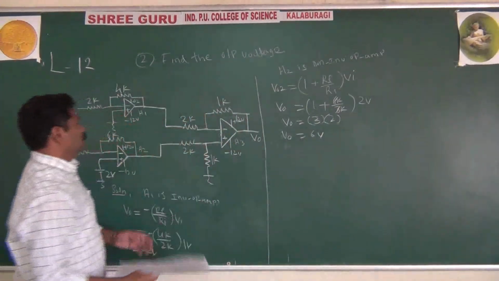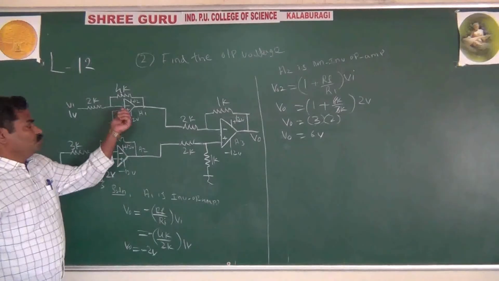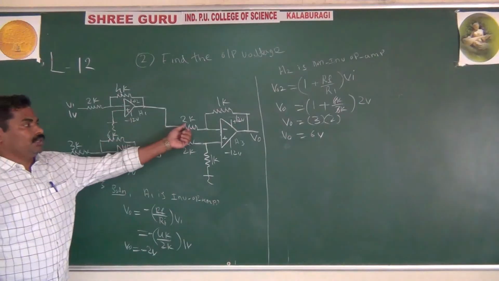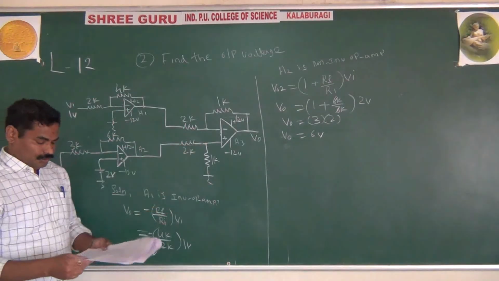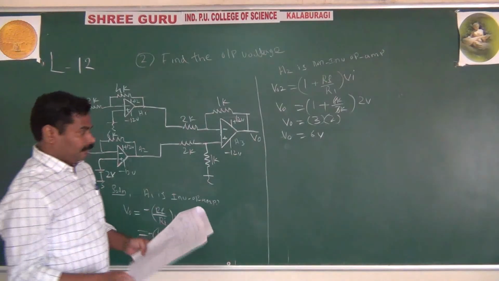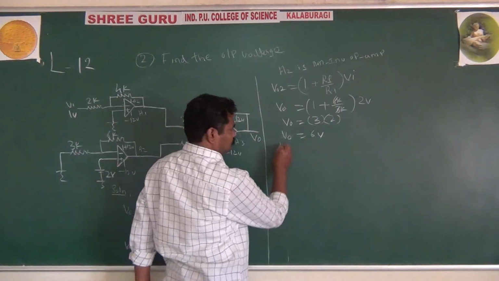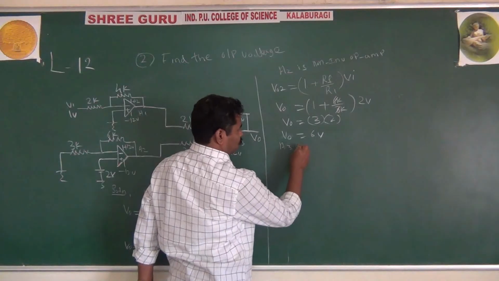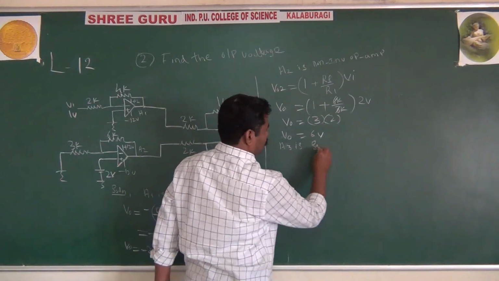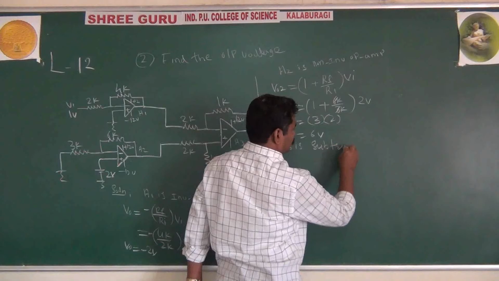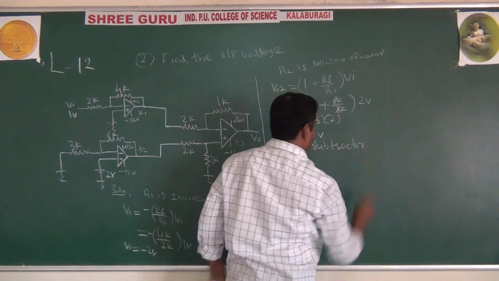Now, as usual, these two outputs act as the inputs for the subtractor, and we know the subtractor formula. Your A3 is the subtractor.